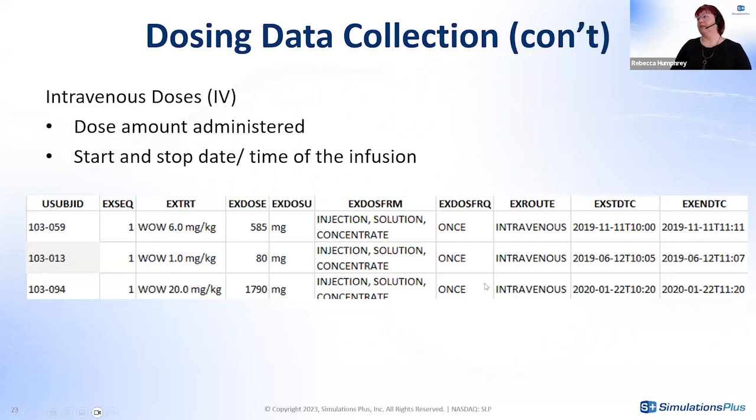This protocol specified that the infusion time was 60 minutes plus or minus 5 minutes. And from a quick look, we can see that this first subject had a bit wider start and stop time that extended beyond that 5-minute window.